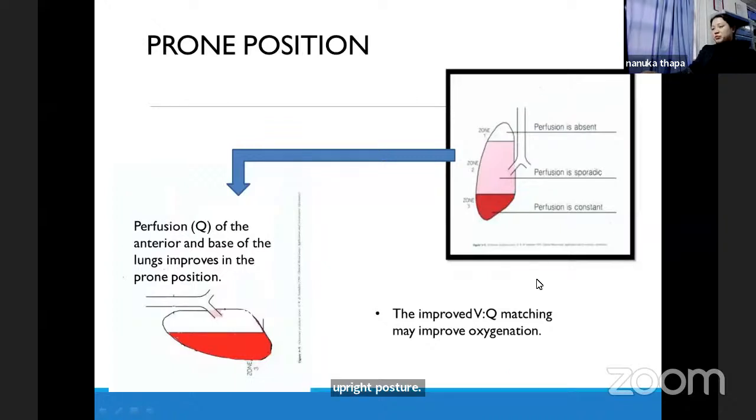As we see here, in upright posture, perfusion is happening more in zone 3, the dependent area, and ventilation more in the upper region, or zone 1. In prone positioning, we have a homogeneous distribution of perfusion and ventilation. So it improves the VQ matching. VQ means ventilation perfusion matching, and it may improve the oxygenation.